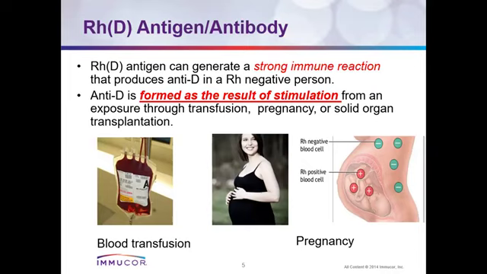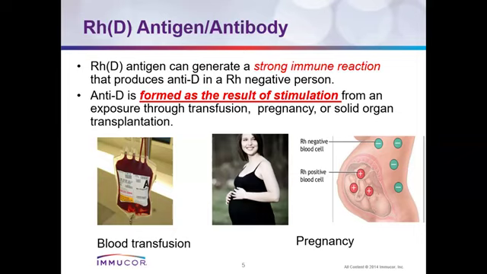That means, should you, by any mistake or because of your method or protocol, introduce rhesus D positive blood into a patient who is rhesus negative, you are going to make that patient produce antibodies against the capital D, which will eventually cause problems and transfusion reactions at a later stage. So the anti-D which is formed as a result of stimulation from exposure through transfusion or pregnancy or solid organ transplantation can actually cause transfusion reaction.